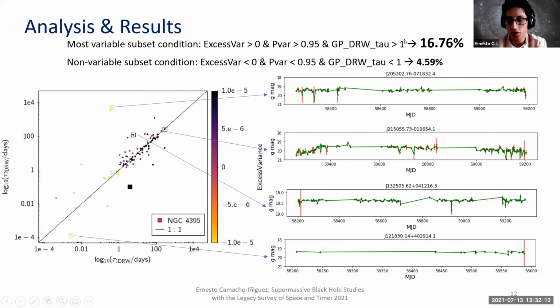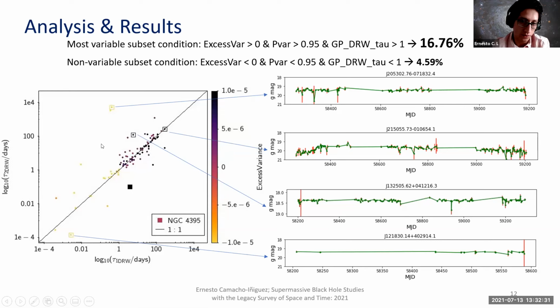And based on these conditions, we found that around 17% of our sample have robust variability. For the non-variable subset, the conditions are the opposite, and we found that they represent around 5%.